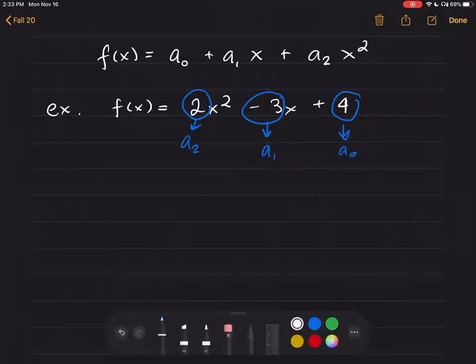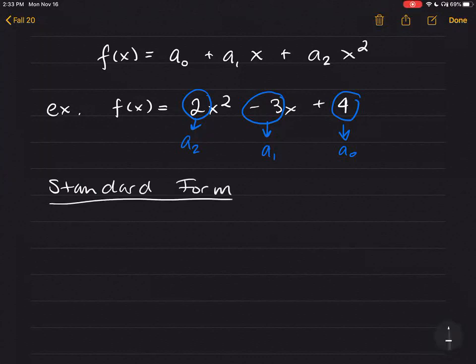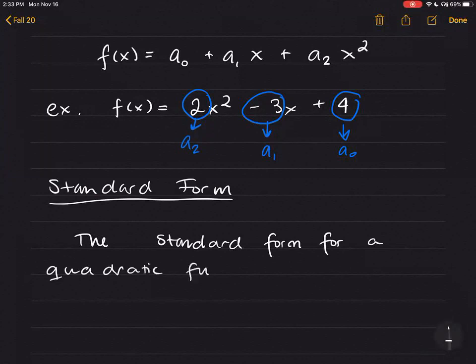So I'm going to introduce something a little bit different about quadratic functions, and that's standard form. So the standard form for a quadratic function looks like this.